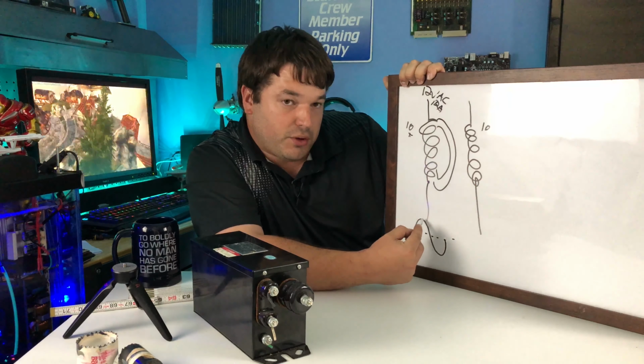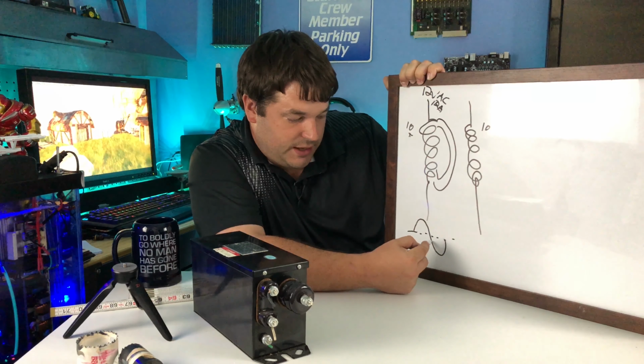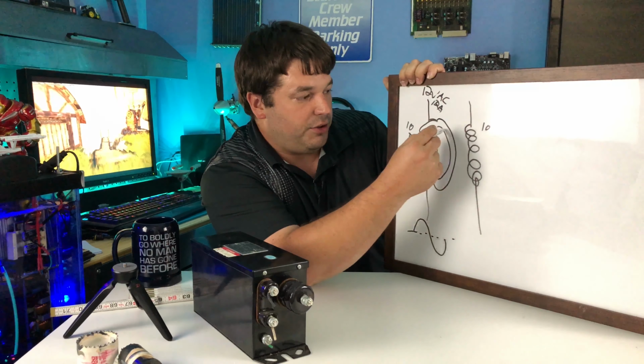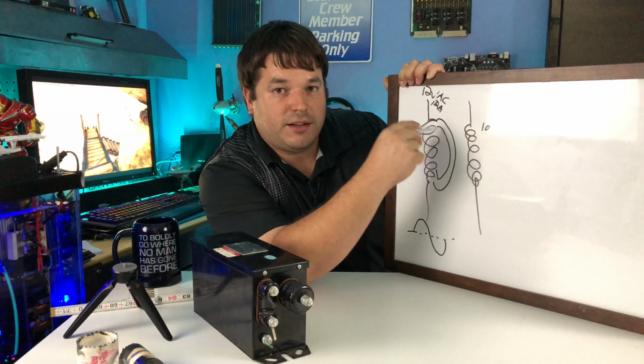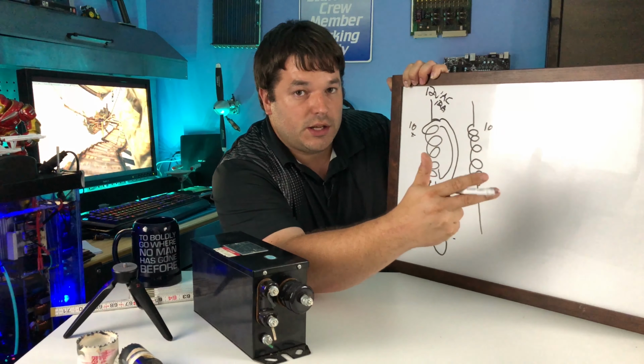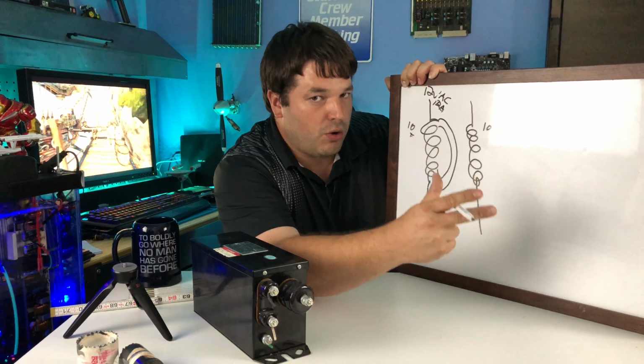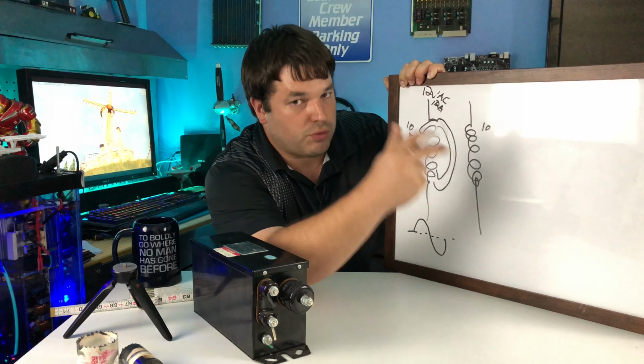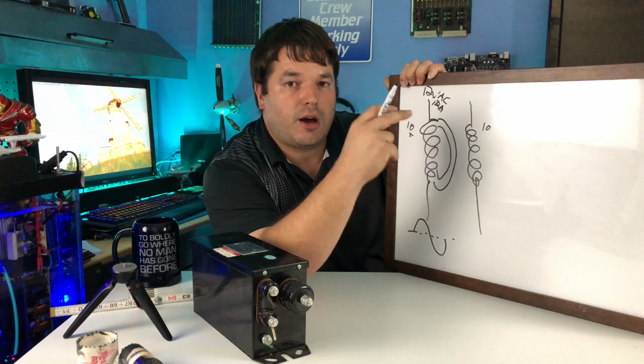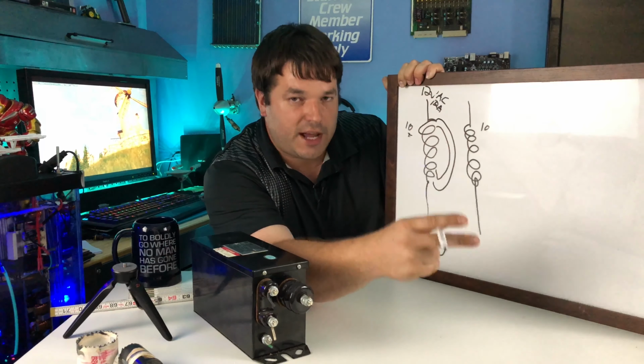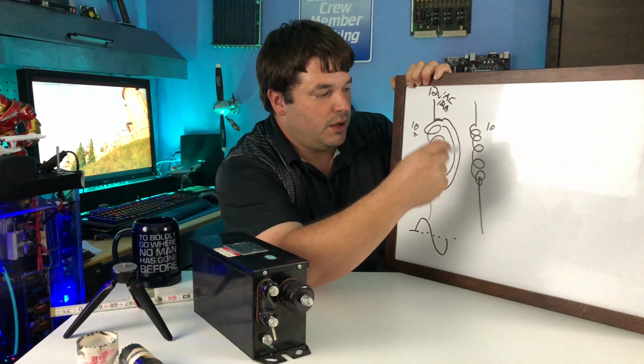Every time we build and collapse this field, this magnetic field grows and shrinks, grows and shrinks, grows and shrinks. It happens 120 times per second in the United States.